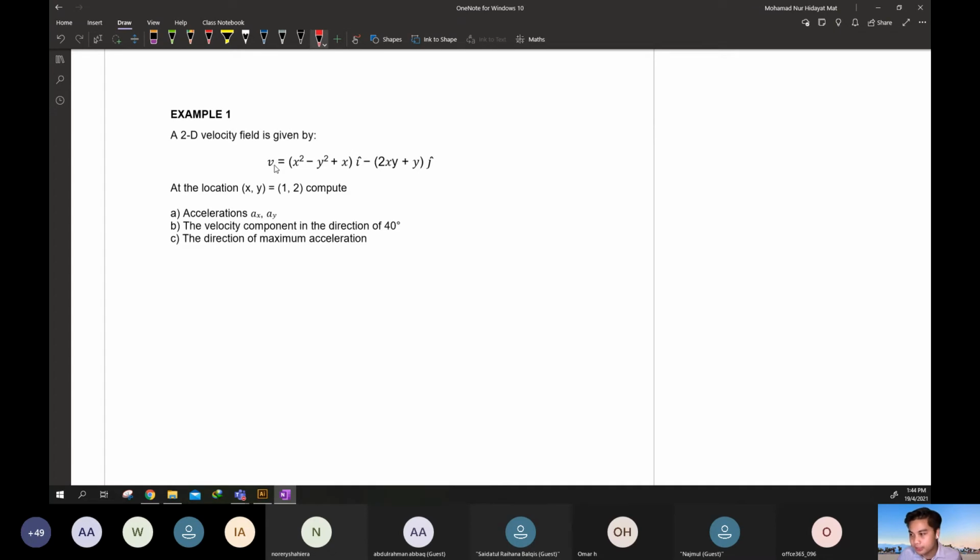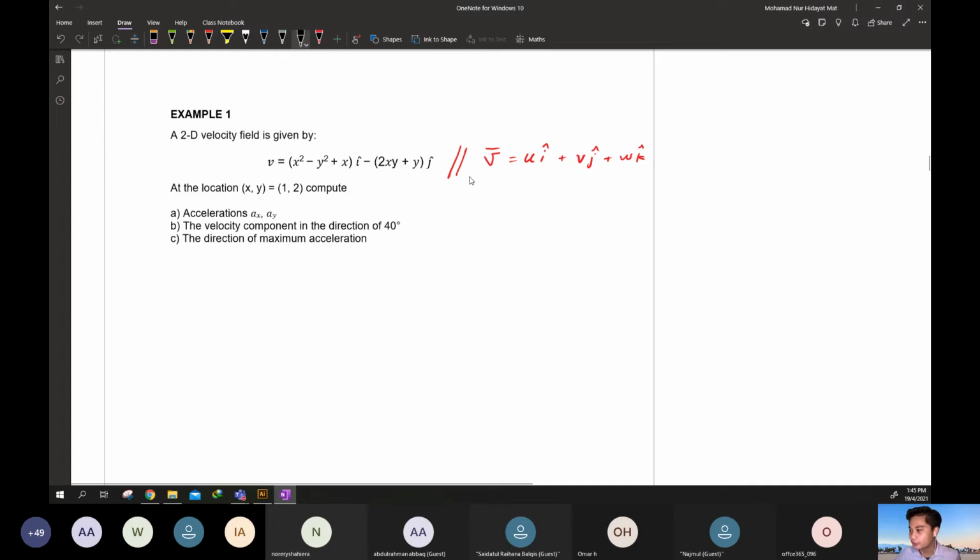Why velocity vector? Because we have the magnitude and the direction. Normally the velocity vector we can compare with v equal to ui plus vj plus wk.